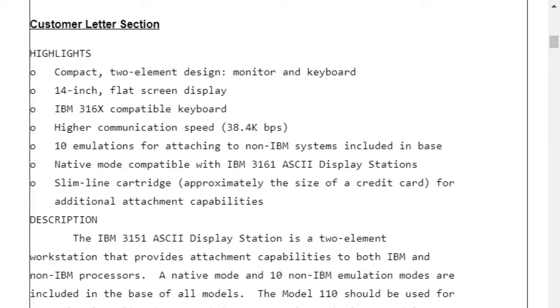IBM did have other models as well for this. This appears to me to be one of the later flavors, although they also did an info station that was ASCII as well.